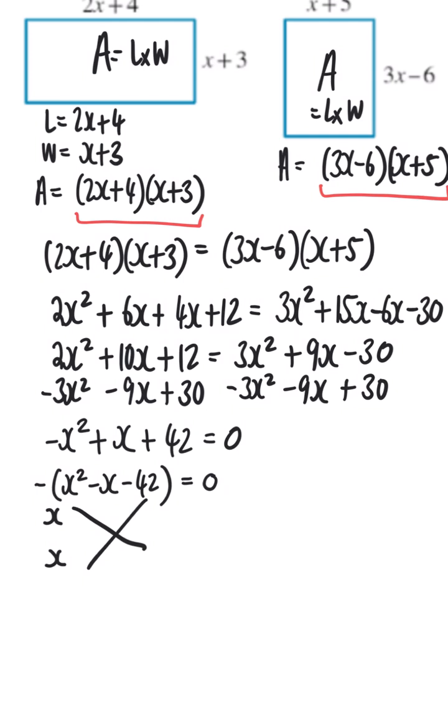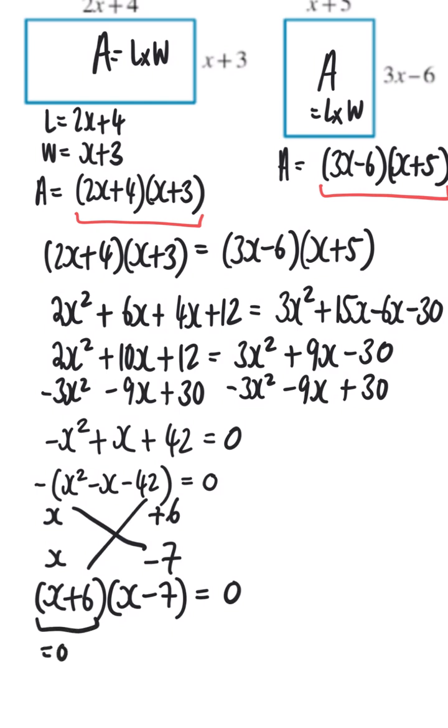Well, 6 times 7 is 42, so 6 and 7, and negative 7 plus positive 6 gives me negative 1. So x plus 6 times x minus 7 is equal to 0. So I factorise my quadratic. Now we solve from here. If this one equals 0, then x is equal to negative 6. If this one equals 0, then x is equal to 7.